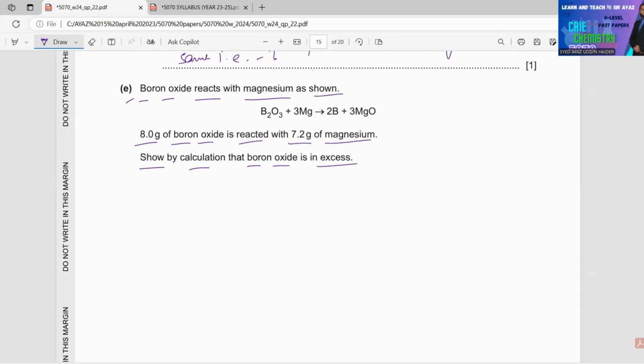Now you have two options, either convert mass into moles or use the mass given in order to prove that boron oxide is in excess.